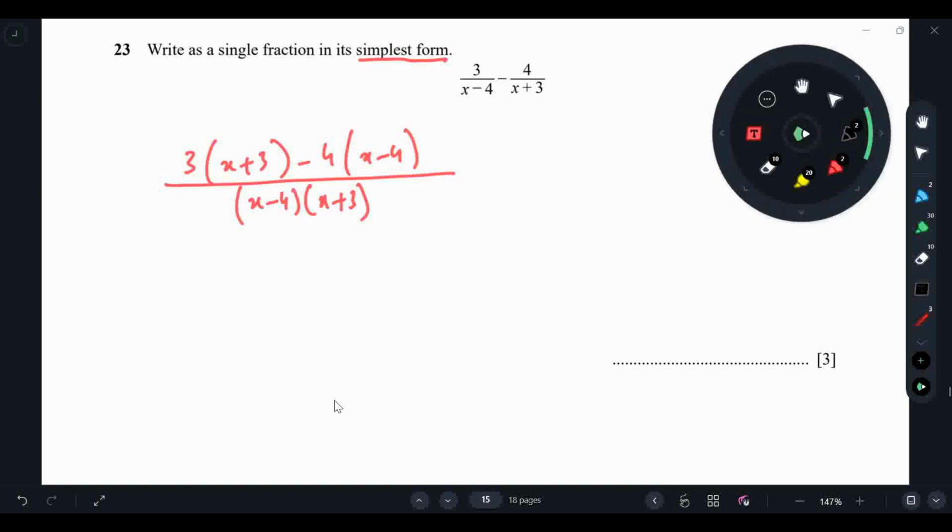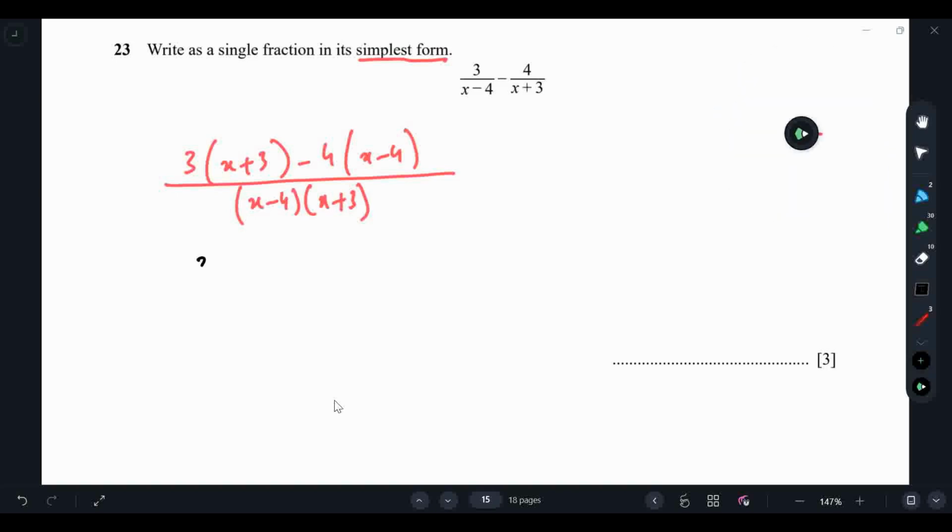This will be equal to 3x plus 9 minus 4x plus 16, whole divided by x minus 4 into x plus 3. So this will be equal to minus x plus 25.